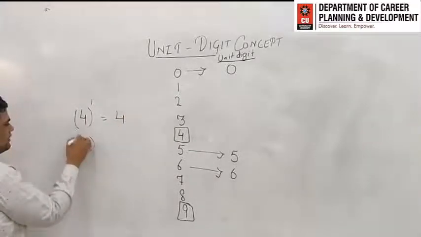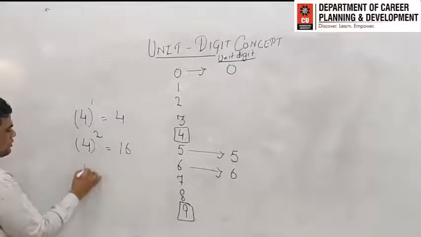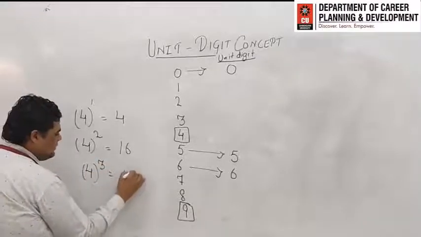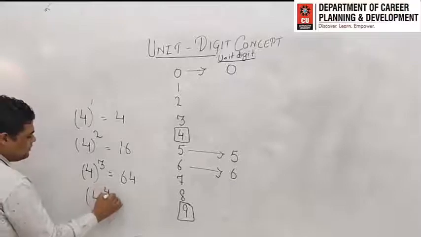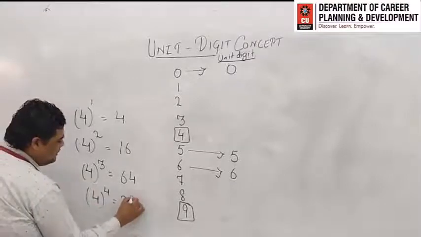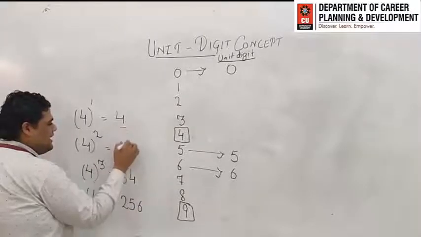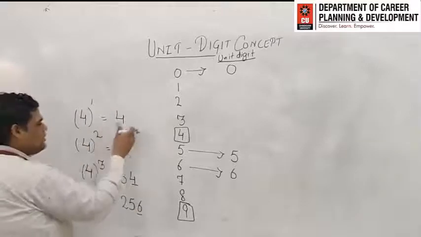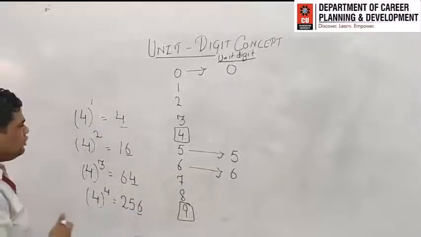Then 4 raised to the power 2 is 16. 4 raised to the power 3 is 64. And 4 raised to the power 4 is 256. See, the unit place is changing after every 2 times: 4, 6, 4, 6. It is repeating after every 2 times.